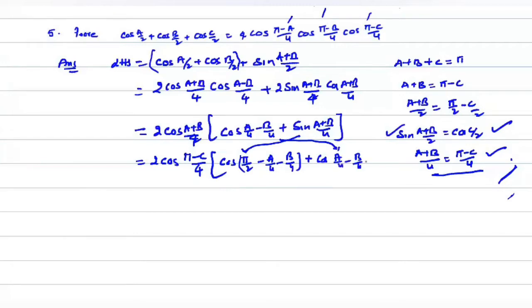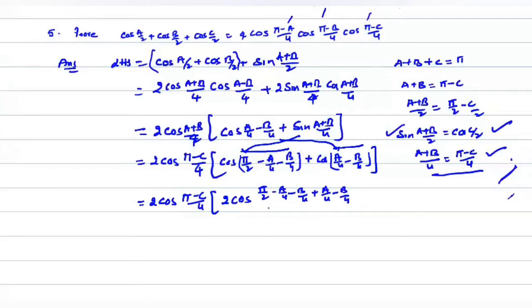For some time, you consider this as c and this as d. So what is sin c plus sin d? It is very easy. Don't get tensed here, because if you get tensed, you won't learn this problem. So very easy problem. 2 cos (c plus d) by 2, that is pi by 2 minus a by 4 minus b by 4 plus a by 4 minus b by 4, right?